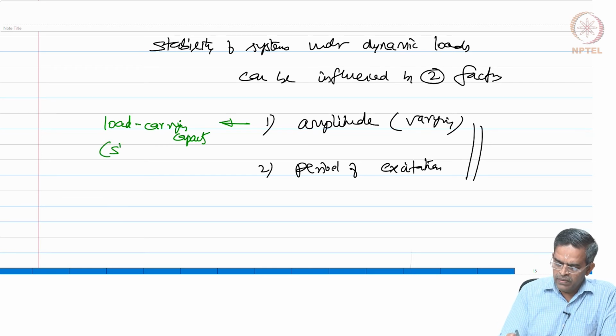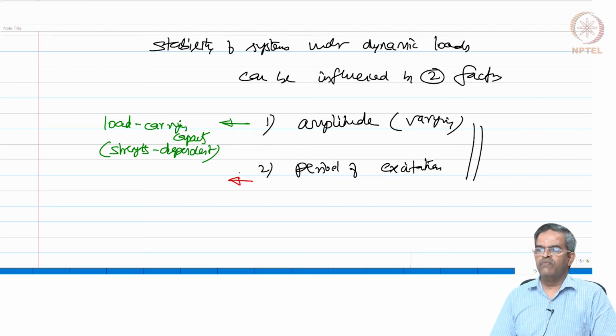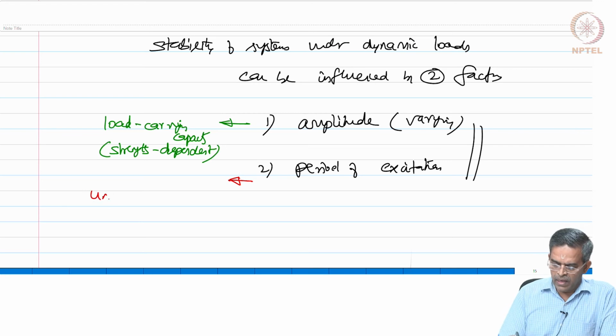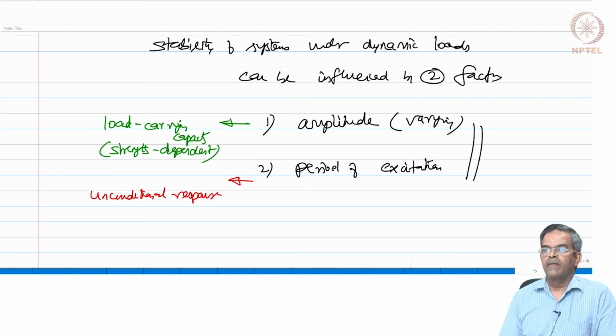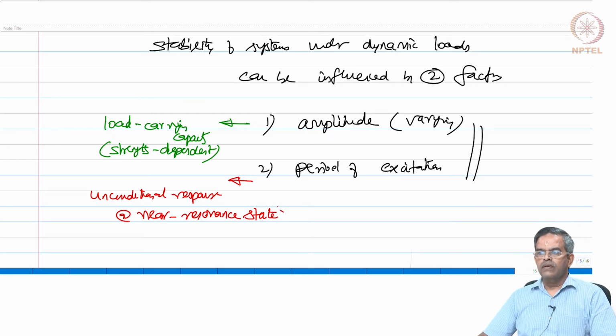Load capacity is a strength dependent parameter, we all know that, whereas the period of excitation can influence an unconditional response at near resonance state. Hence, Lyapunov's assessment of stability is focused more towards dynamic response behavior of the system.